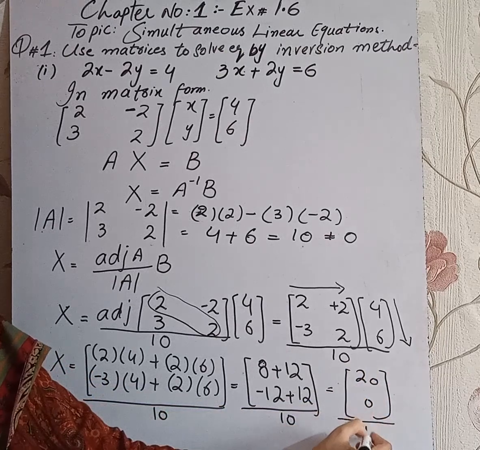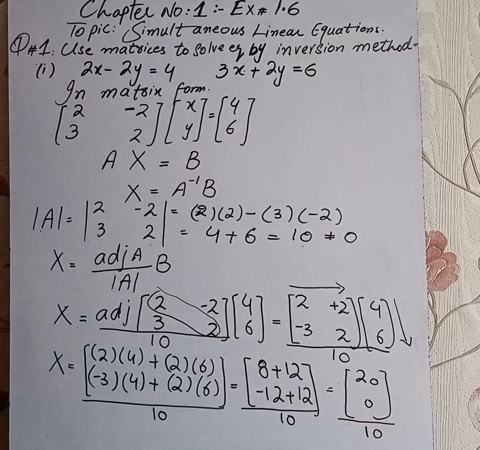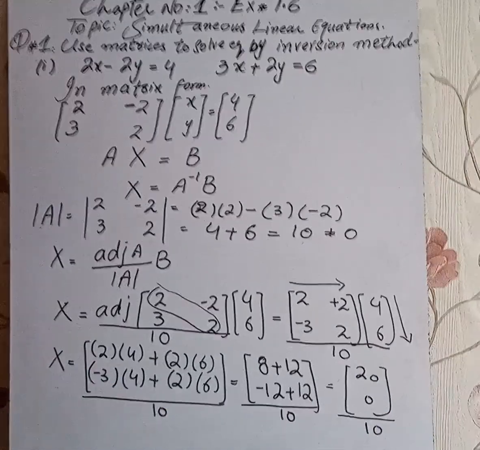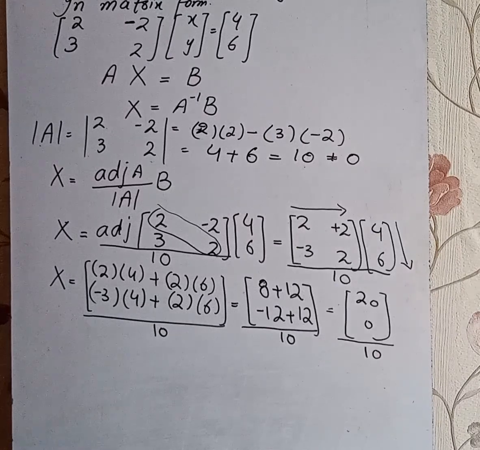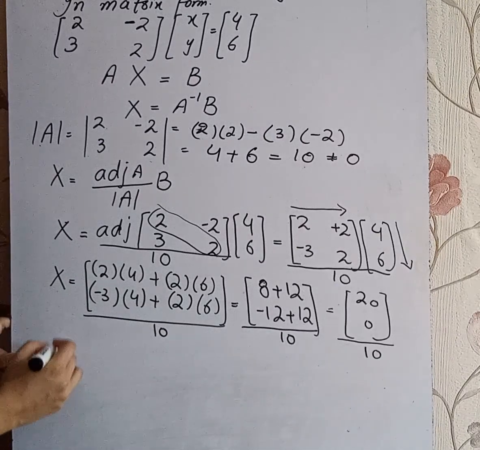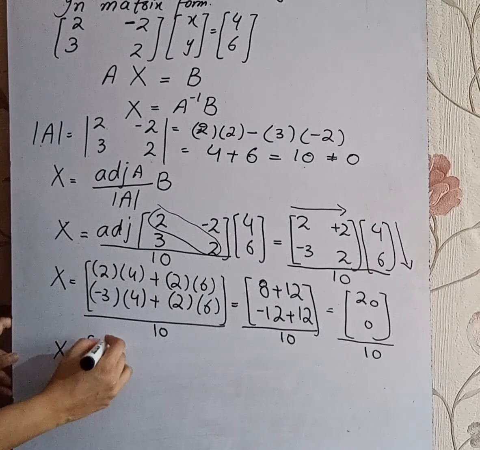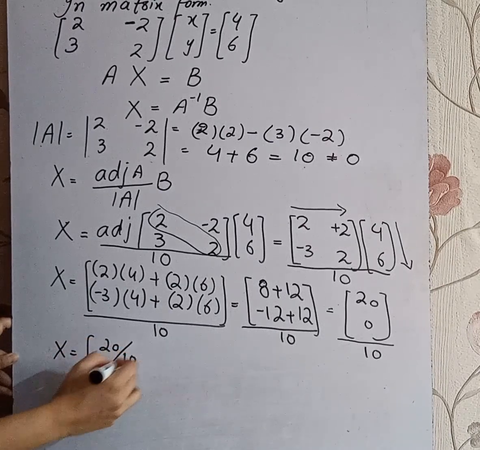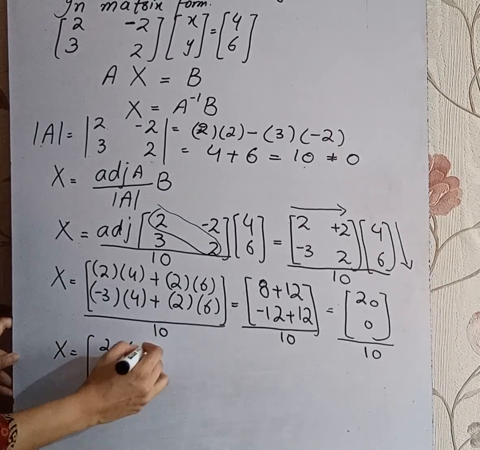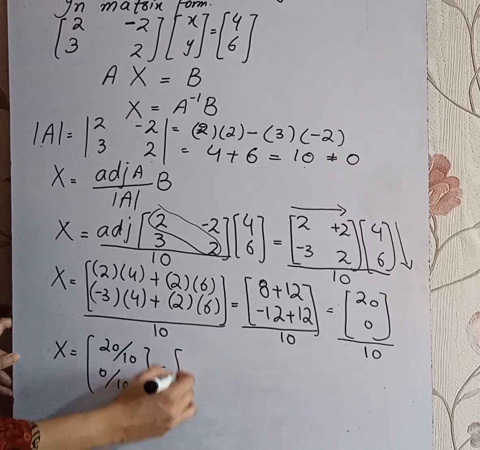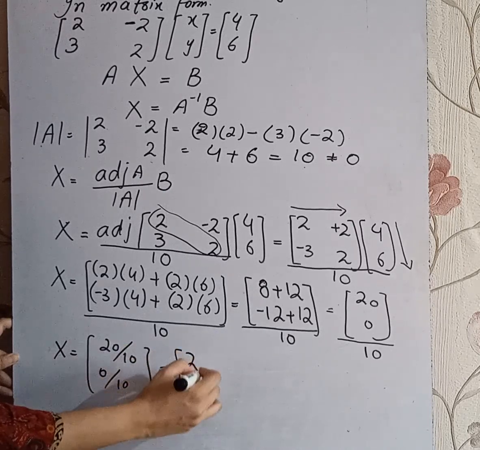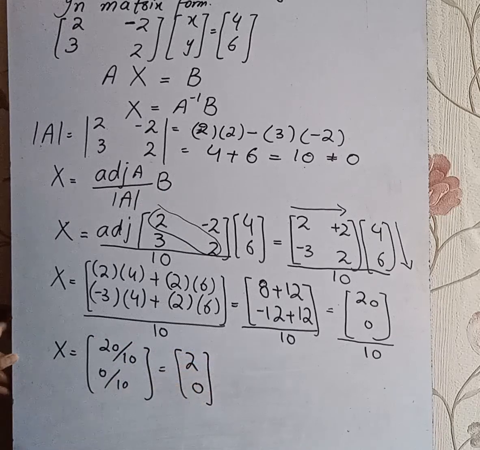And this is divided by 10. It means now both the entries 20 and 0 will be divided by 10. 20 divided by 10 equals 2, and 0 divided by 10 equals 0.